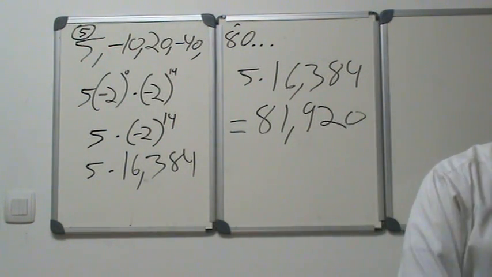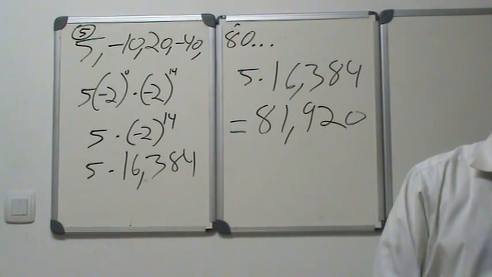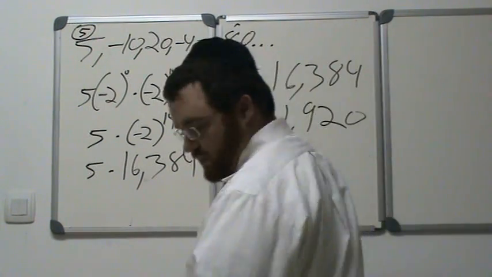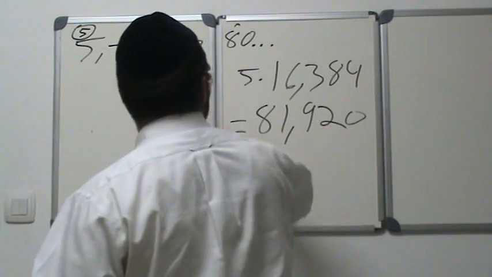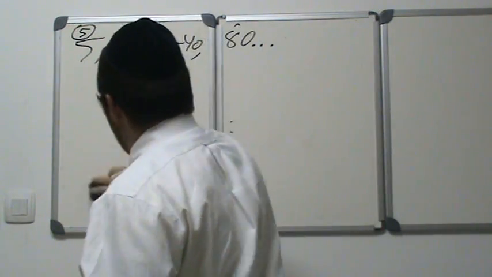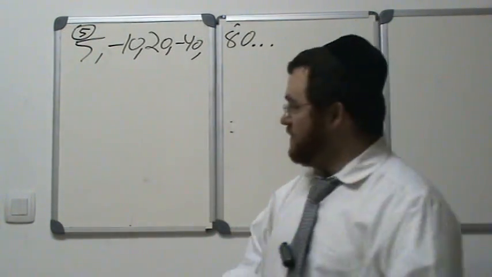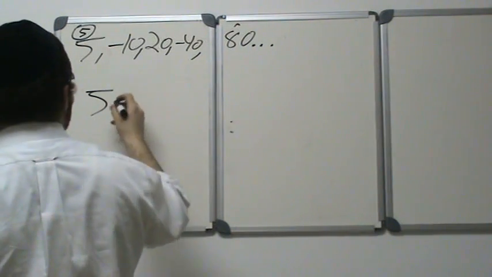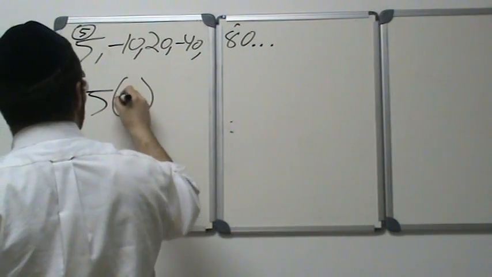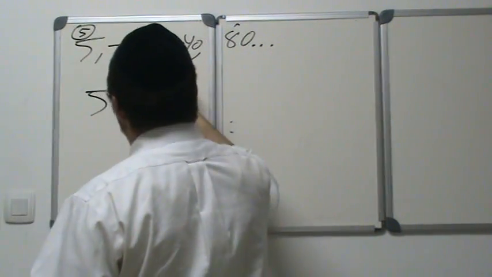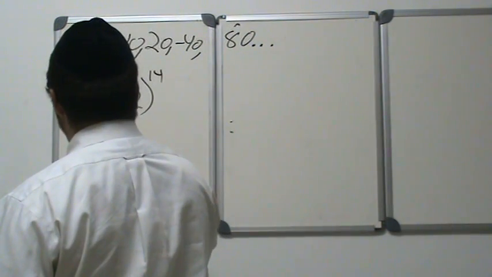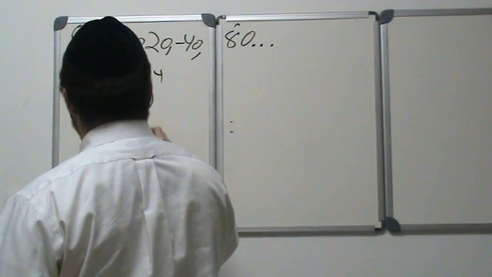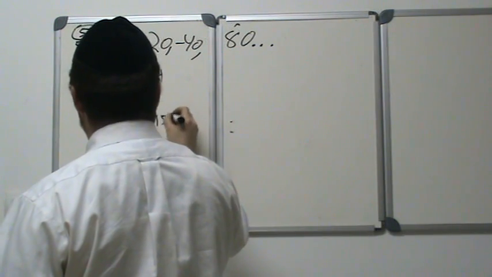Another way to do it is you take the 5, and you do 5 times negative 2 to the 14th power, because it's for the 15th term.